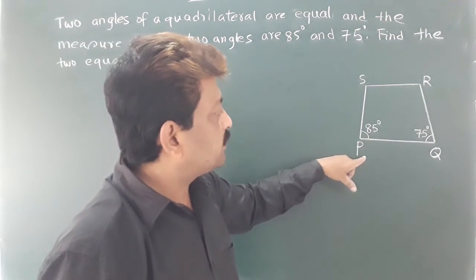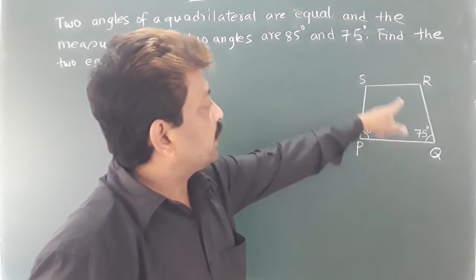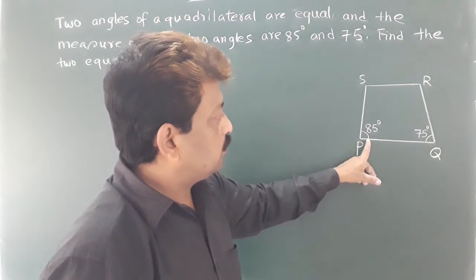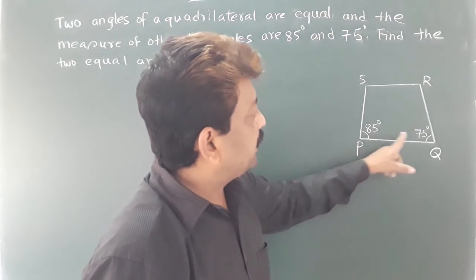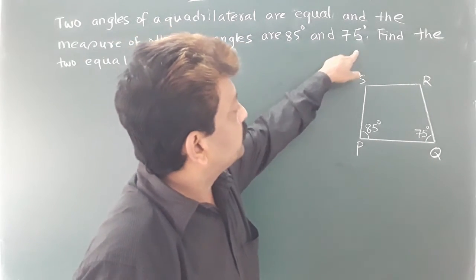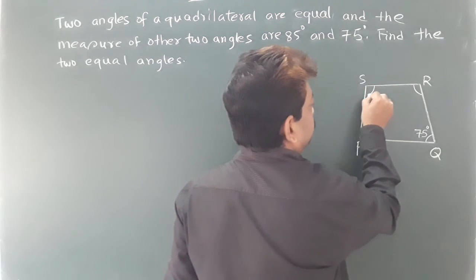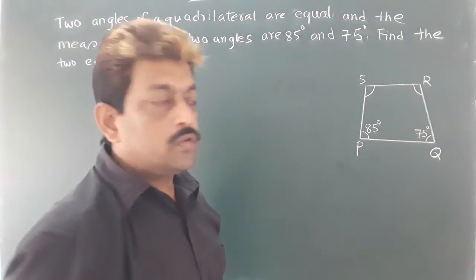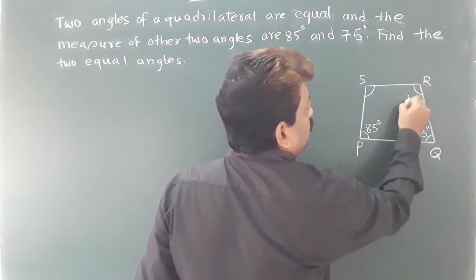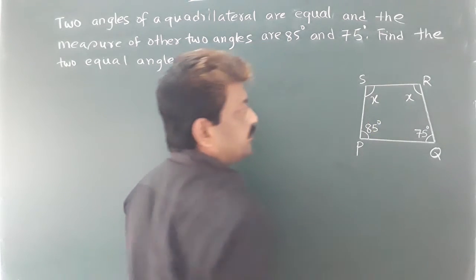So here is the quadrilateral PQRS, in which two angles are 85 degrees and 75 degrees, given, and the other two, suppose R and S, are equal. So we can take R and S as X degrees each.